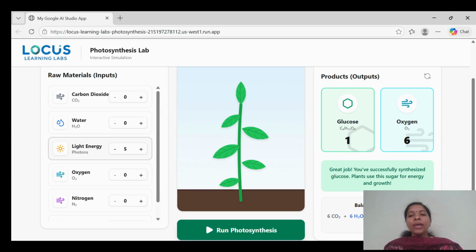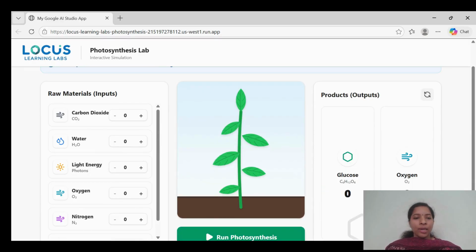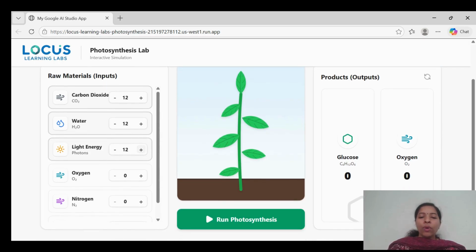If we increase the number of carbon dioxide molecules, let's see what will happen. Again we are restarting. Carbon dioxide, again we are giving 12 molecules, water also 12, light also 12. Can you predict how many glucose molecules will be formed? Let's see.